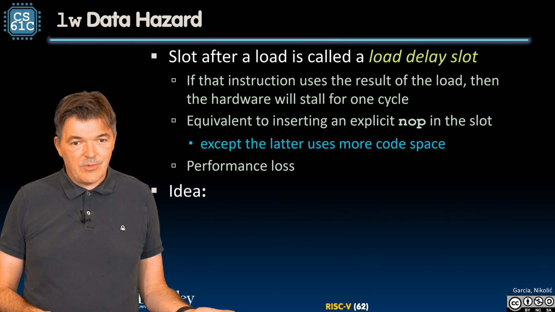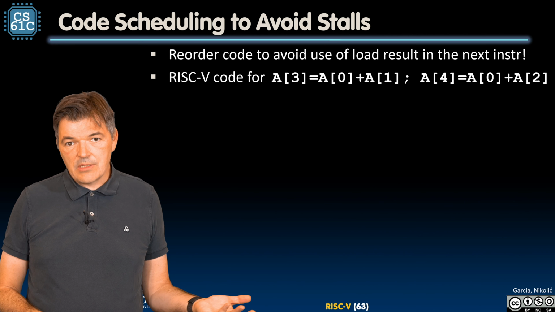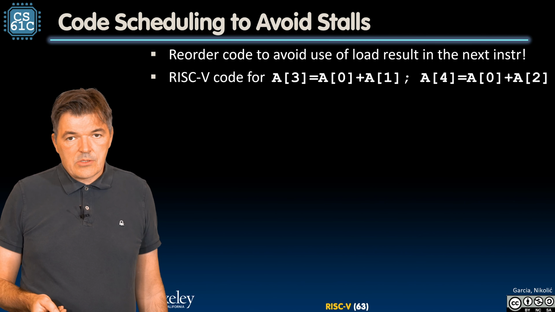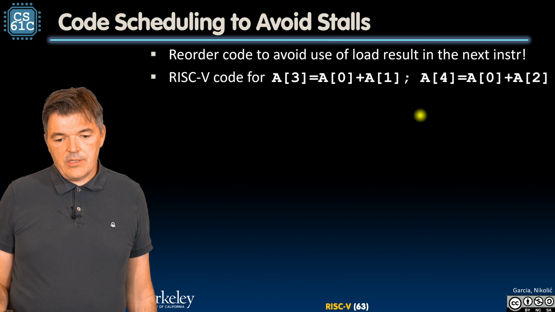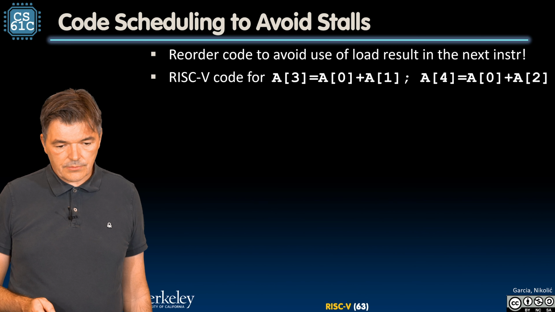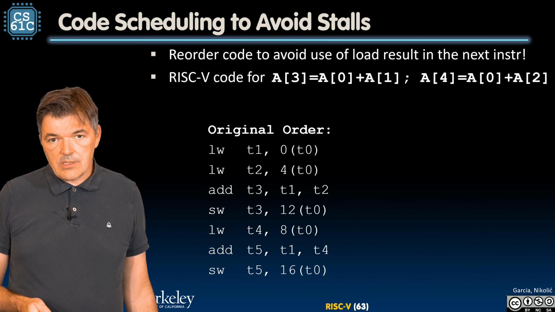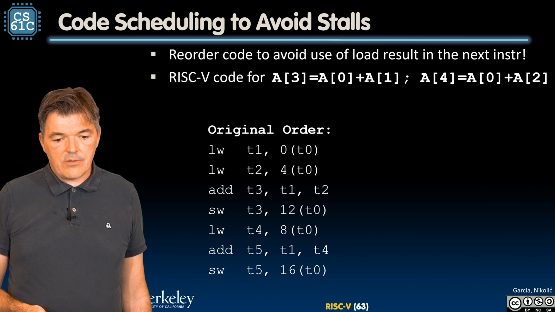So here is a piece of RISC-V assembly code that does two additions by using data that is in the memory. So A3 sums A0 and A1, and A4 sums A0 and A2. So here is the original order of that code.